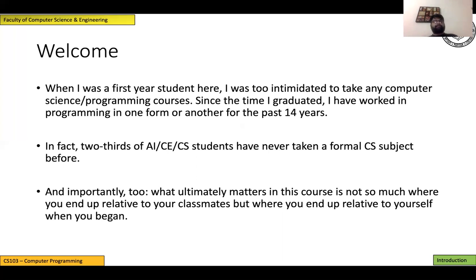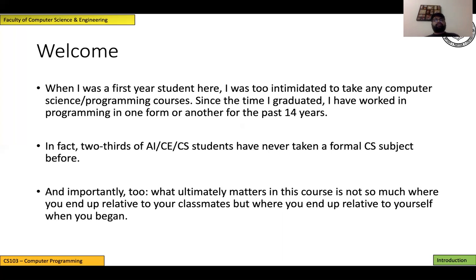And I am pretty hopeful, pretty positive, I must say, that you guys and girls, sorry, would be doing an excellent job in learning programming.